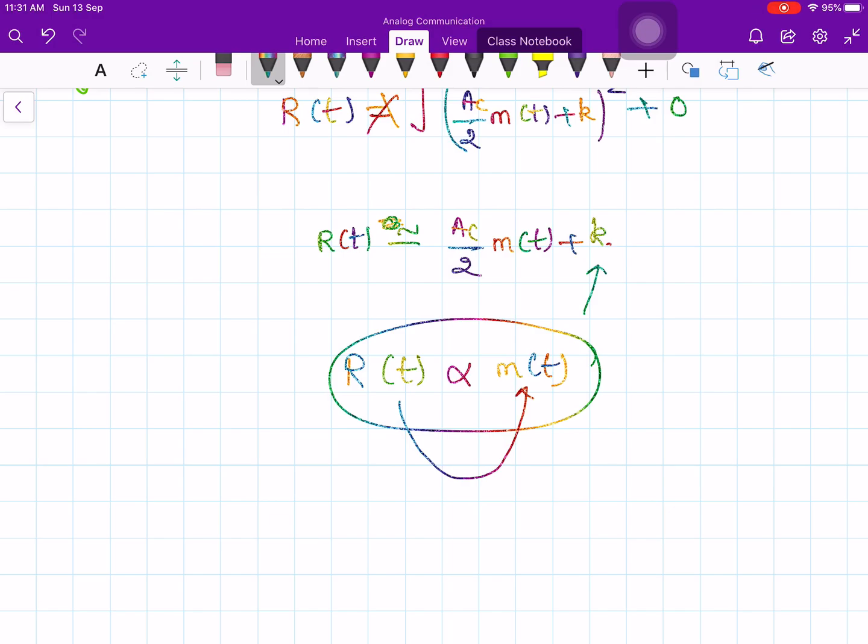So whenever your envelope follows the message signal, then you can go for an envelope detector. You can use a simple diode, resistor and capacitor.